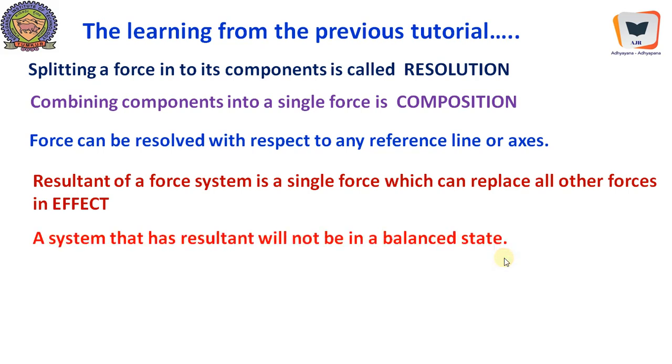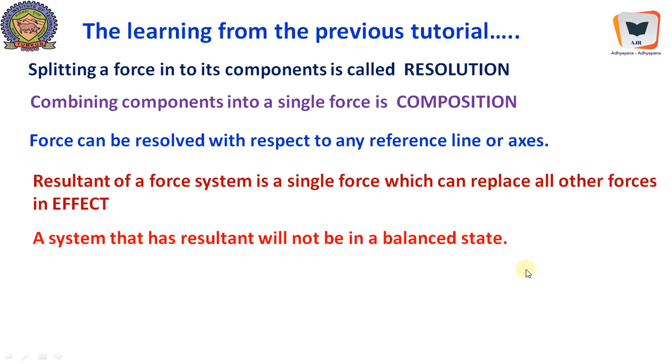A system that has a resultant will not be in a balanced state. There will be a jerk in horizontal direction, there may be a jerk in the vertical direction, and there may be a movement also. However small the movement may be, the existence of a resultant will be showcased by the system in terms of disturbance.